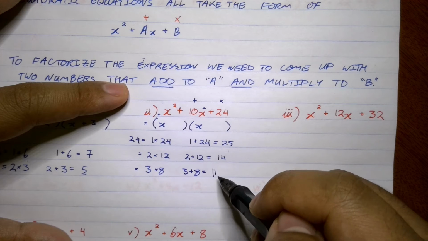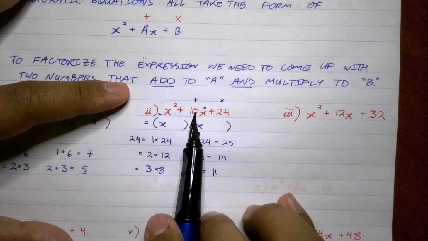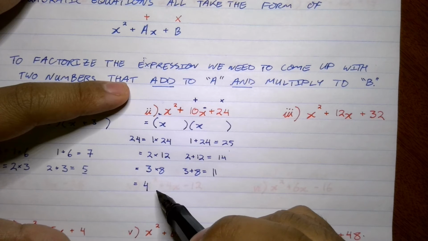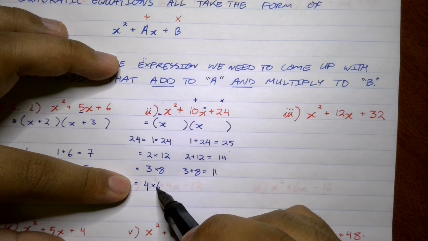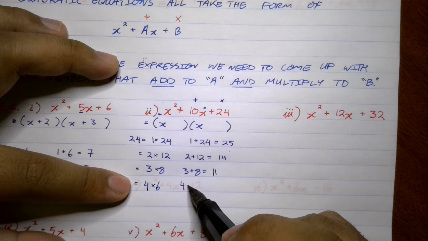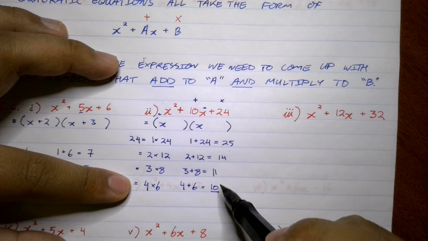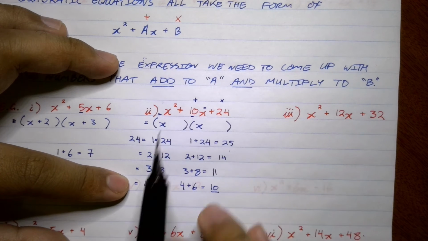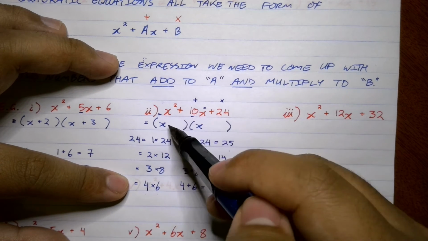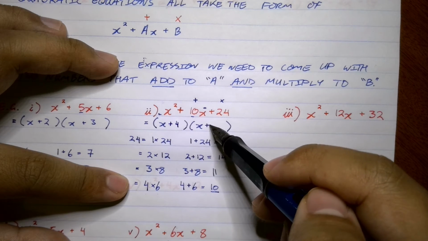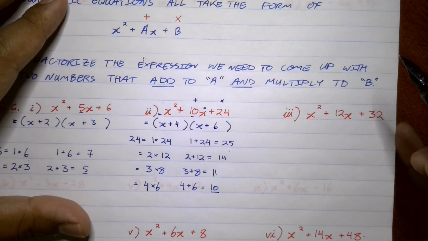Well, that gives us 11, which is not what we're looking for. So let's try again. The next number up is 4. Let's try 4 times 6. 4 plus 6, well, that is 10, which is what we are looking for. So it's 4 and 6 that belong inside the brackets. So plus 4 plus 6 is what we are looking for.